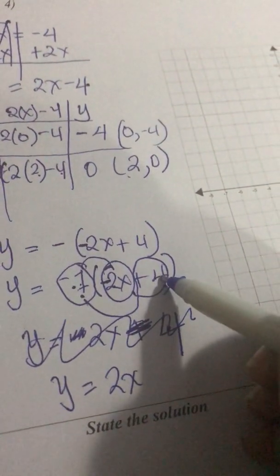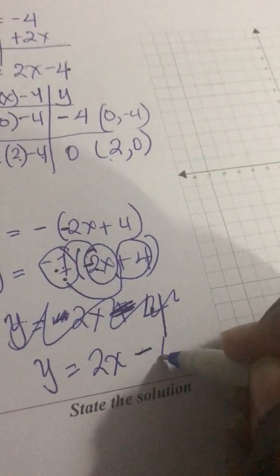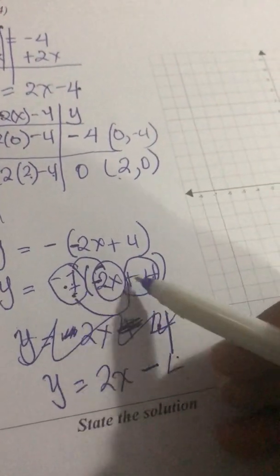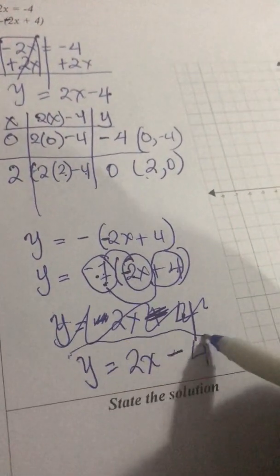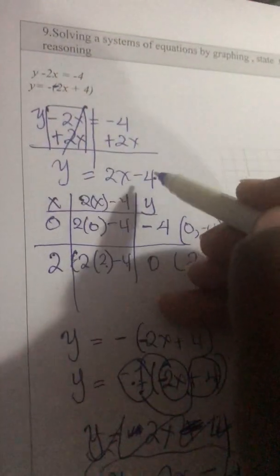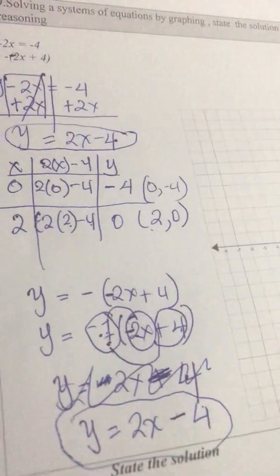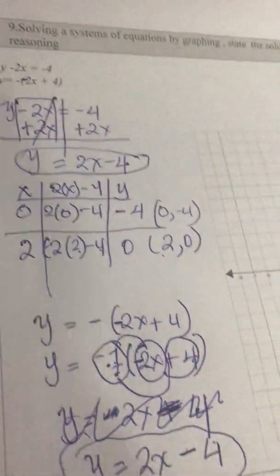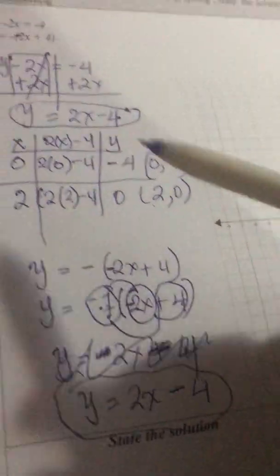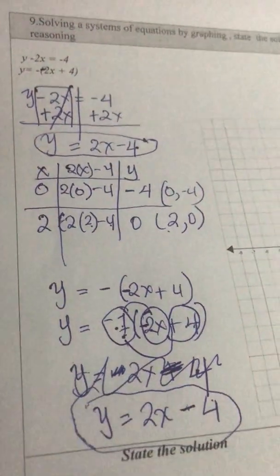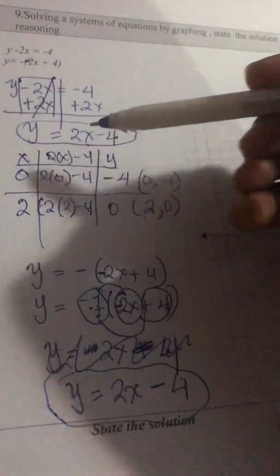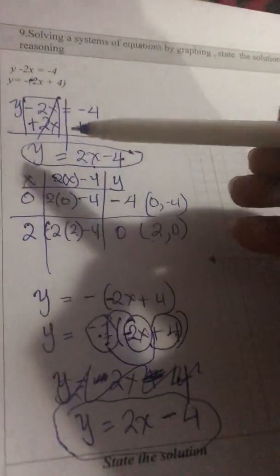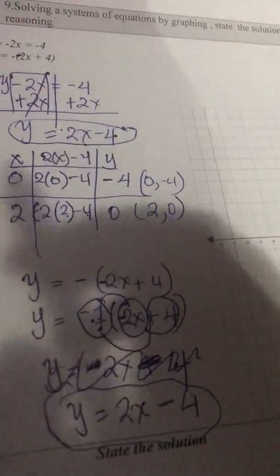Negative 1 times positive 4 equals to negative 4. Now, you see this equation is the same as this equation. Okay? Because they are the same, I don't need to do another table. I just do one table, because I noticed my equations are the same. And because I'm going to do one table, it means I only going to have one line.